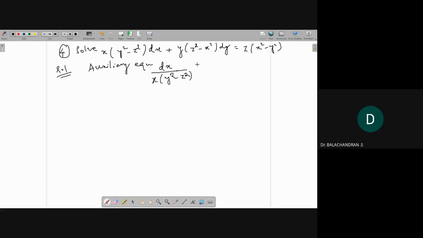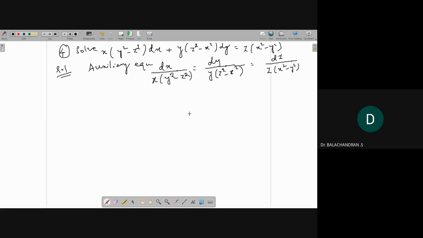Here grouping is not possible. You should think about what is a multiplier, and if you find, you can tell me the multipliers. dy by y into z square minus x square is equal to dz by R. R is z into x square minus y square.